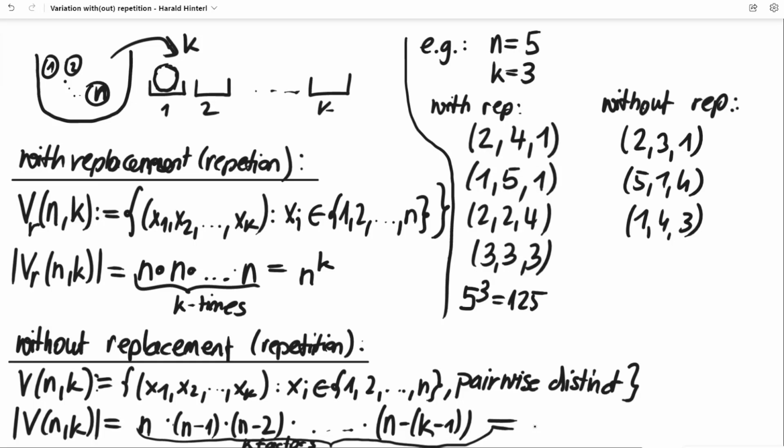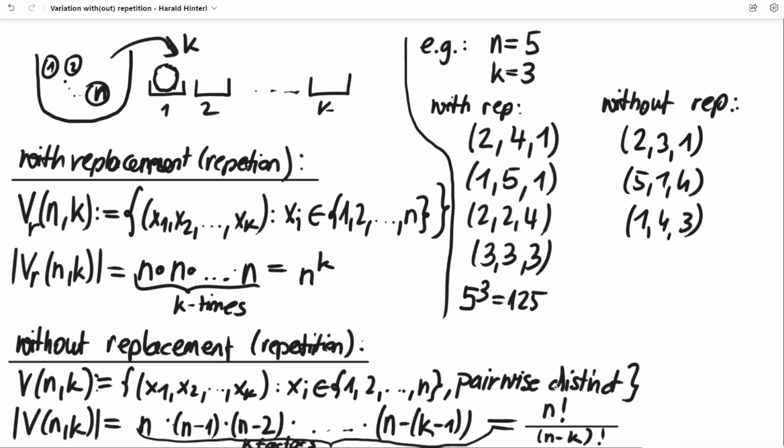So how to express this briefly? N factorial, but you don't go down to 3, 2, 1. You only go to n minus k minus 1. So you have to cancel out n minus k factorial.